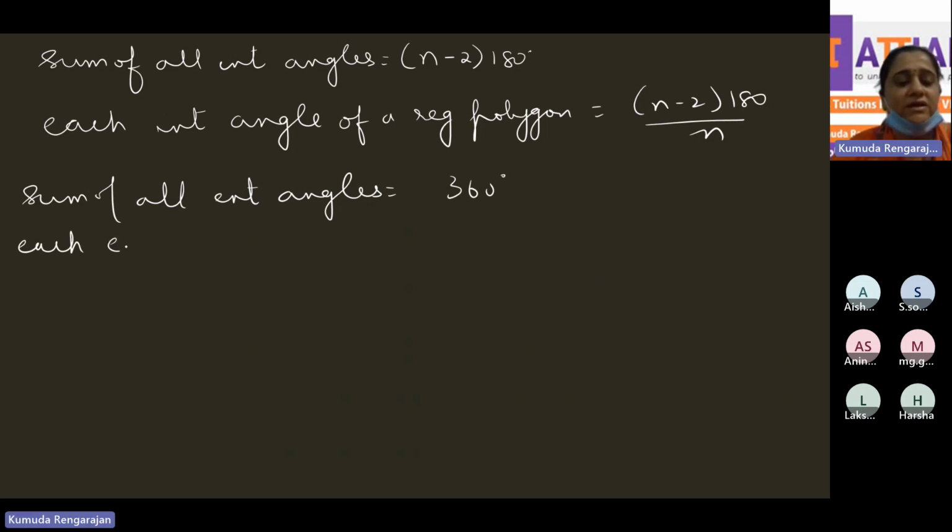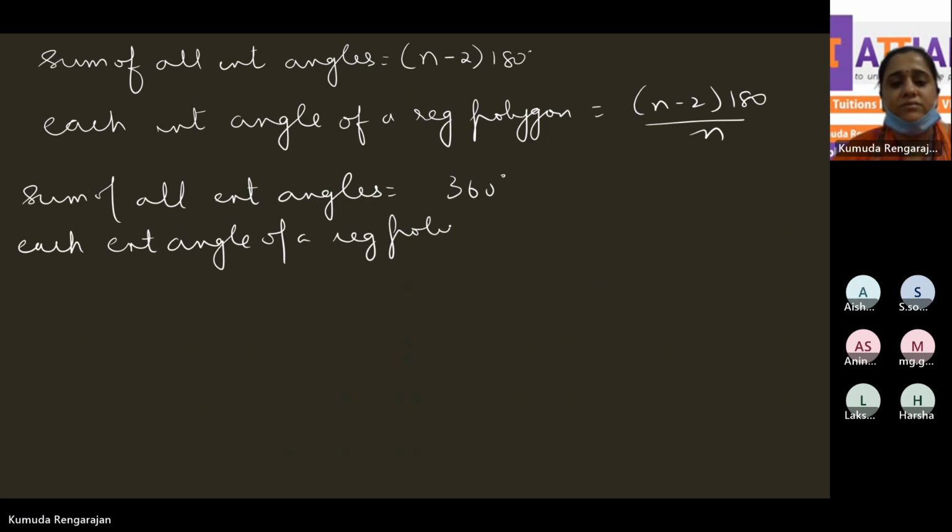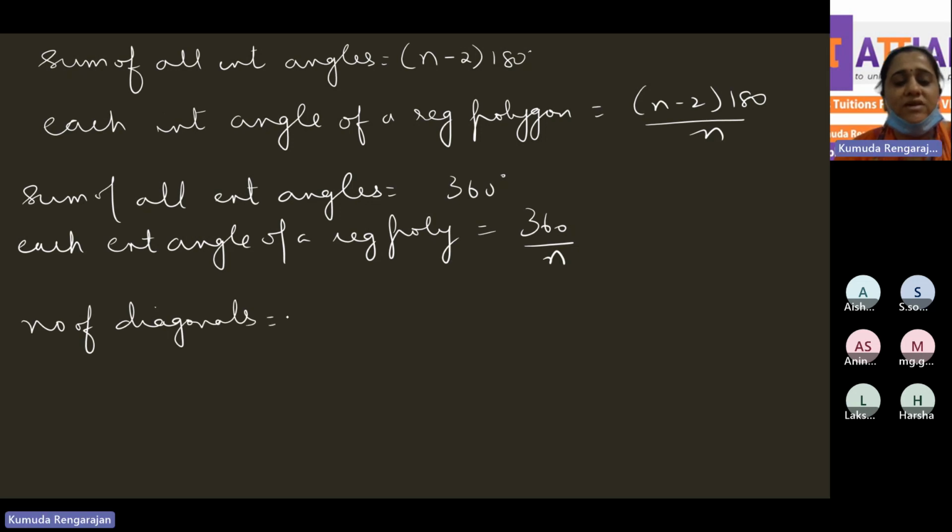Each exterior angle of a regular polygon is equal to 360 by n. Number of diagonals is equal to n into n minus 3 by 2.